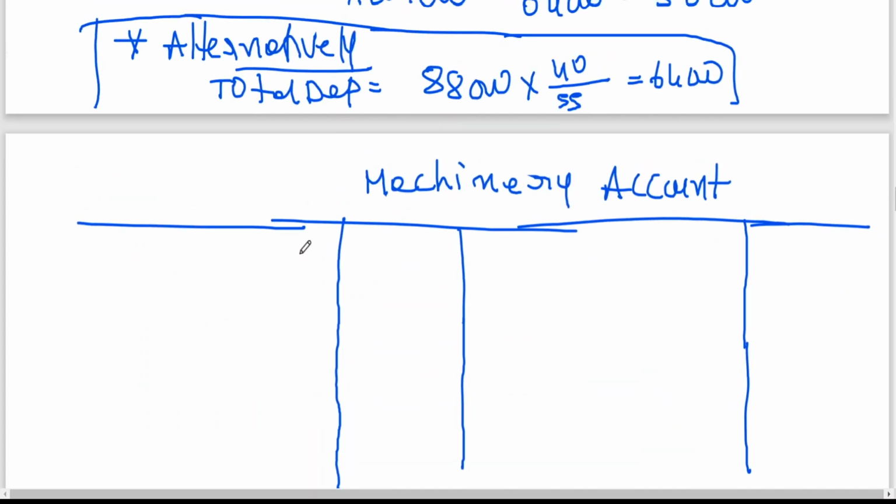That machinery account I have to open. So here he is asking for the account to be opened for 2009. No, directly I am writing 1/1/2009.